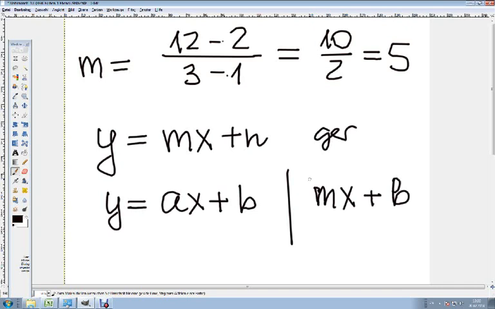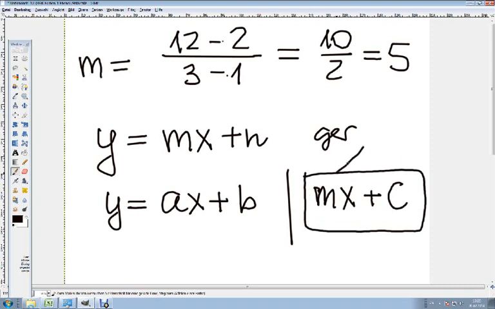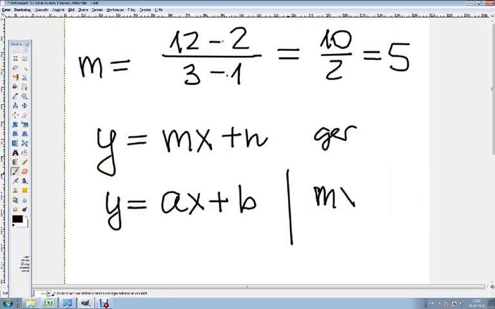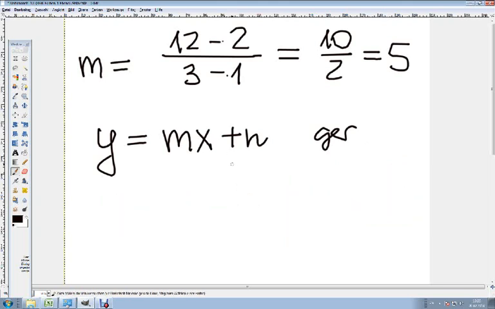So I take this variation for my video: m is the gradient, the first with x, and the second would be c. Excuse me, c. mx plus c. So m is the gradient, and c is the intercept with the y axis.